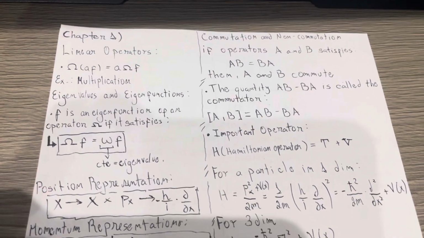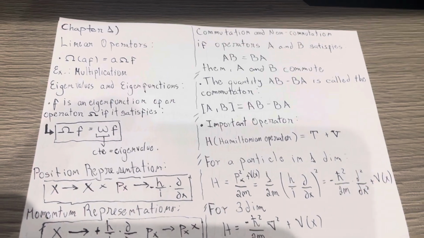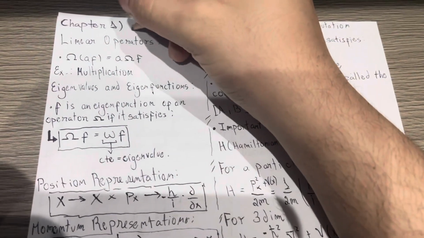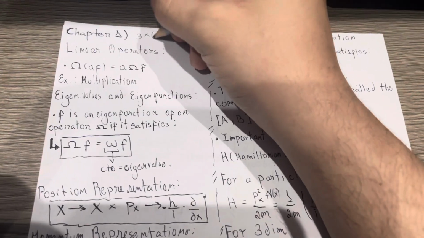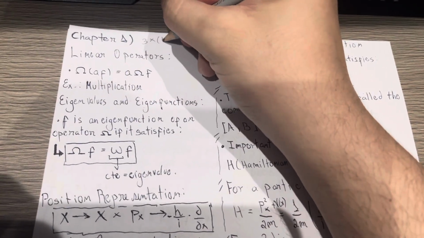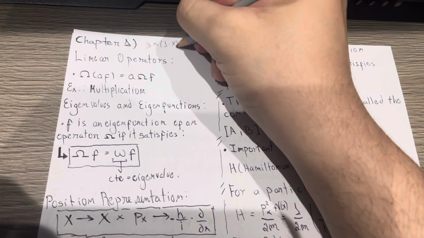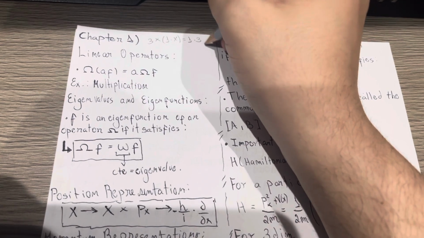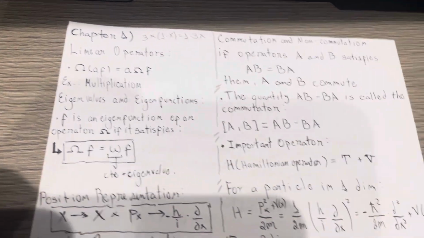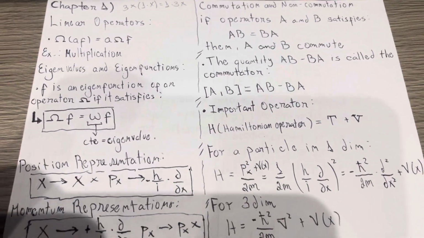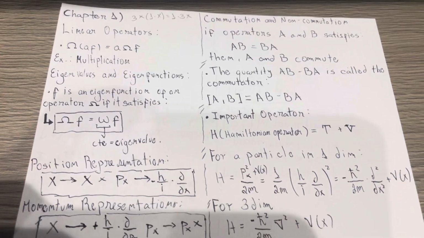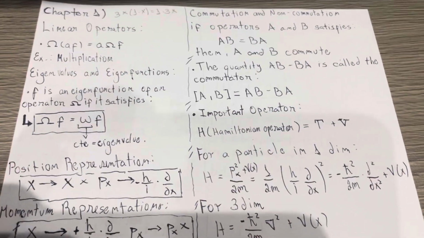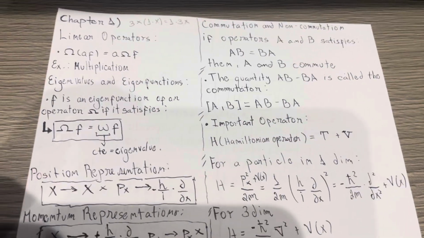You can apply the multiplication operator to, I don't know, 3 times 1 times x. This is equal to 1 times 3 times x. So this is a linear operator. Integration is a linear operator also, but square root isn't a linear operator. So yeah, this was the easiest concept I learned.